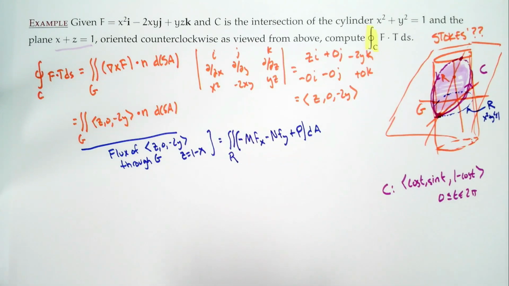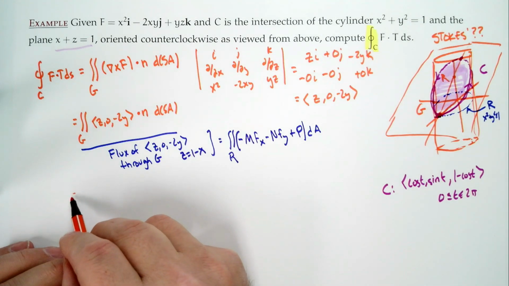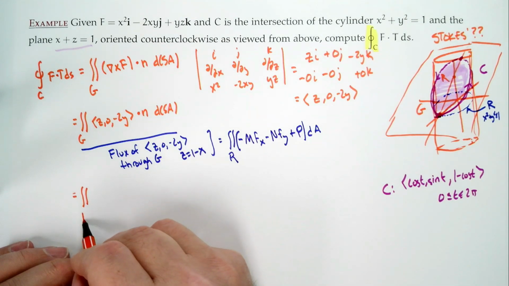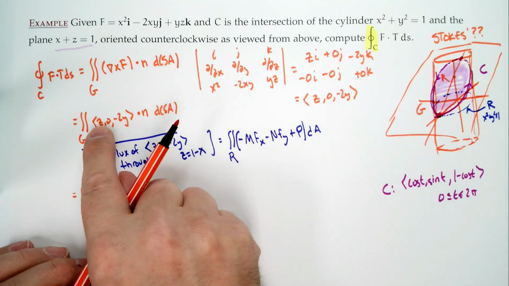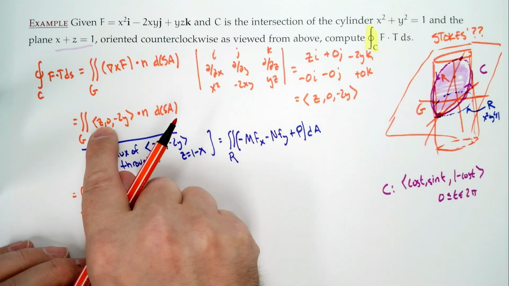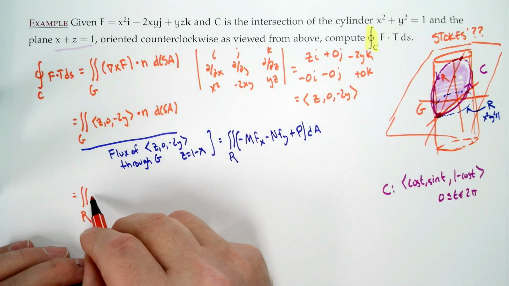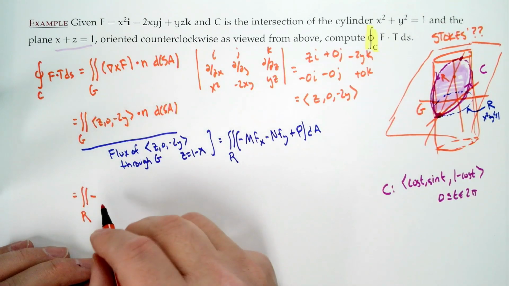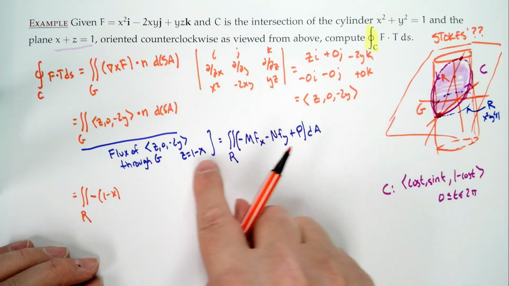So let's apply that here. So applying that here, we'll get the following. This is equal to the integral over R of minus M. Now you might say, aha, z is bad. Well, but you can replace it by 1 minus x. So minus M, which becomes 1 minus x, times f sub x.